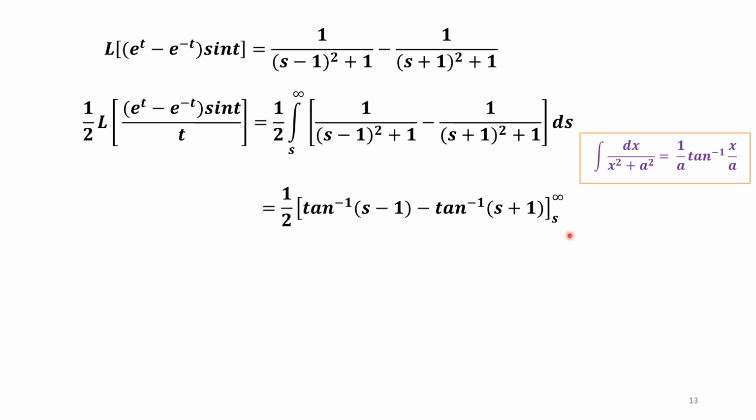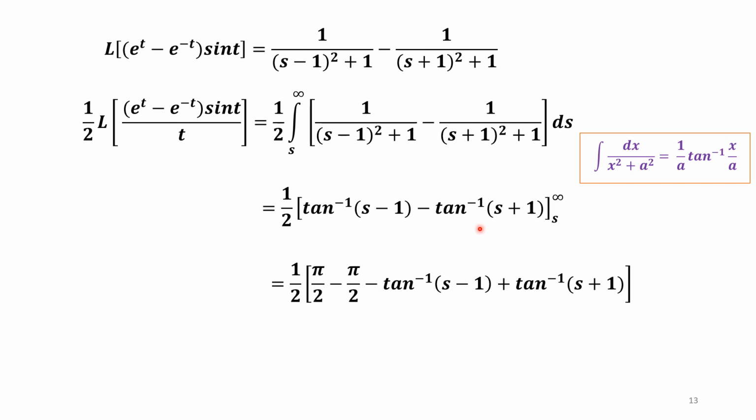Again applying the upper limit minus the lower limit. So when we apply the upper limit, we will have tan inverse of infinity, which is pi by 2. Here also infinity, pi by 2, and then the lower limit. So we will have pi by 2 minus pi by 2, and the lower limit is s is equal to s. So minus tan inverse of s minus 1. Already you have a minus sign.